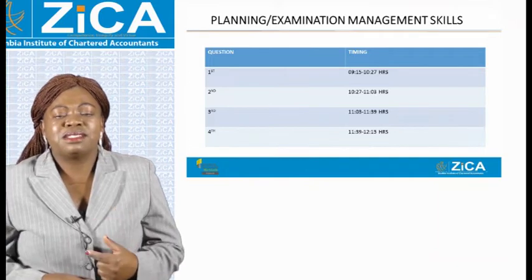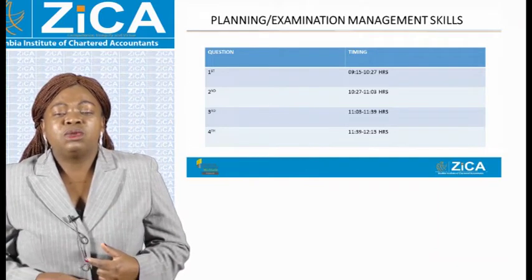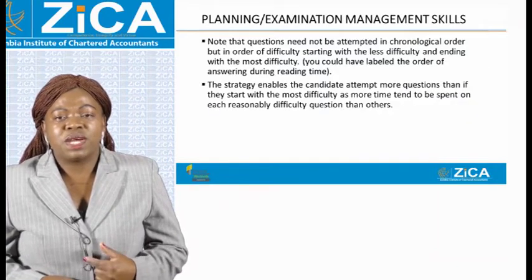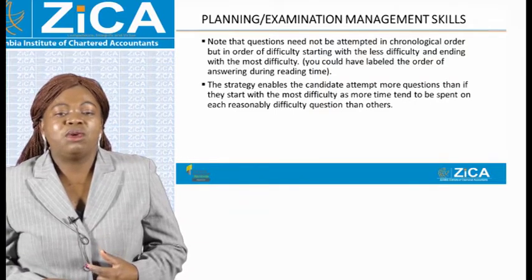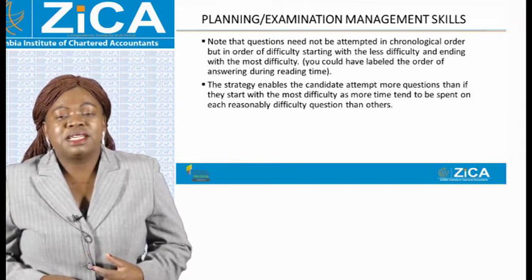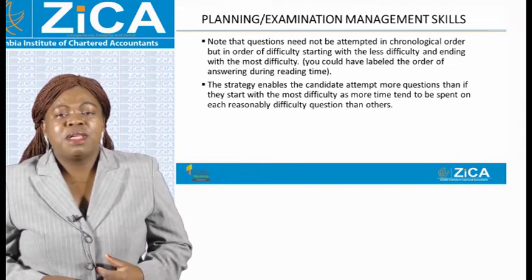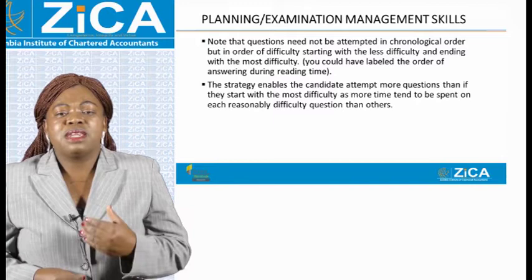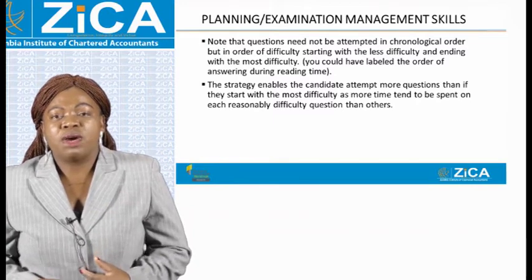That is the best time that you can use to select which questions in section B you are going to attempt. Not only selecting the questions that you are going to attempt, but also putting them in the order in which you are going to attempt.